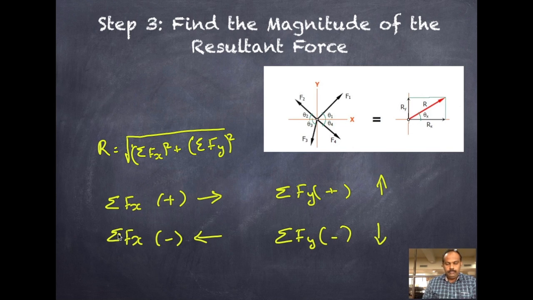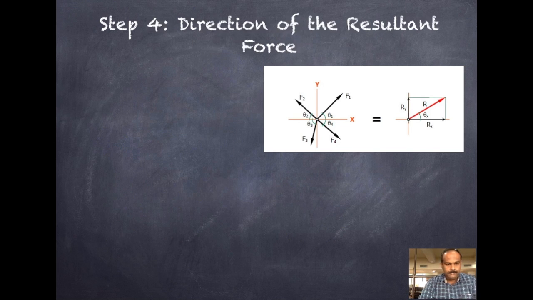Now we need to find the angle, so that is our step 4. Step 4 is the direction of the resultant force, or the angle we need to know. Angle is found by tan theta x is equal to Ry divided by Rx.